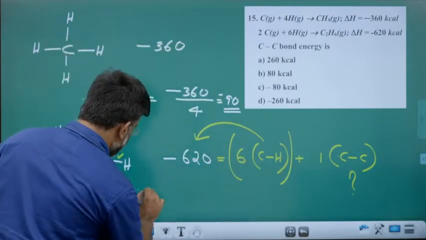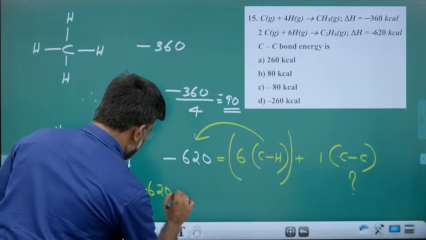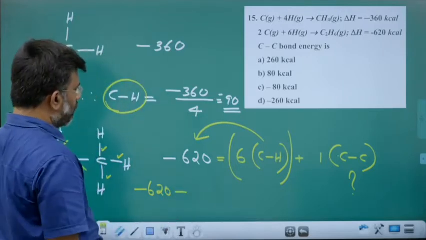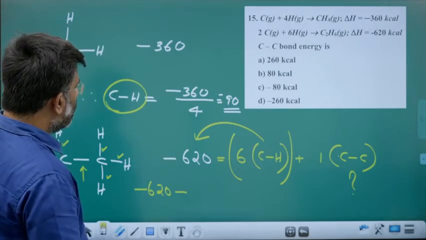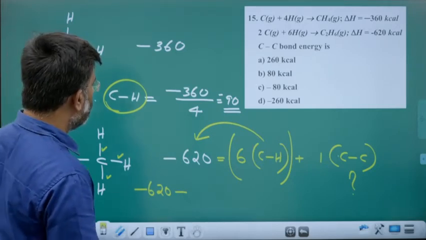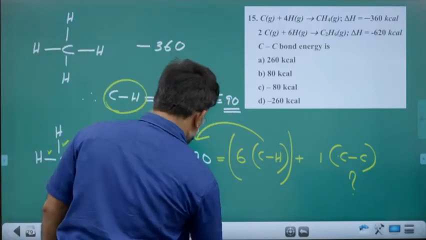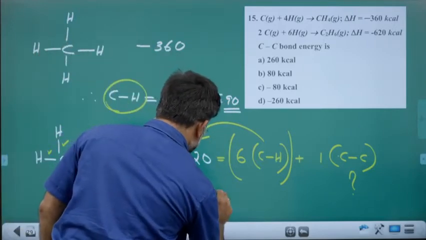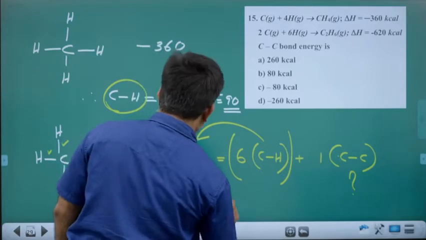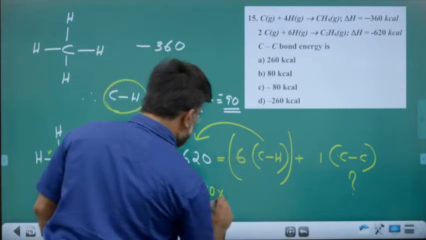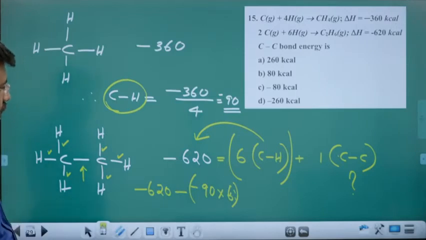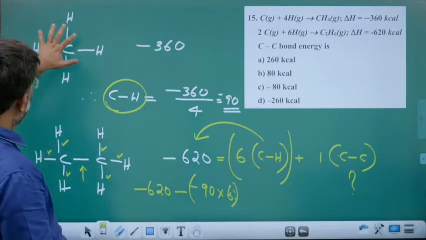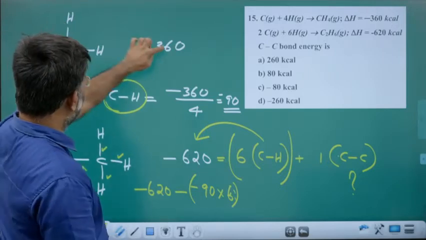So the answer will be minus 620 minus how much? Minus 90 into 6. That you subtract, you get your answer. I repeat. 4 carbon hydrogen bonds, 360.